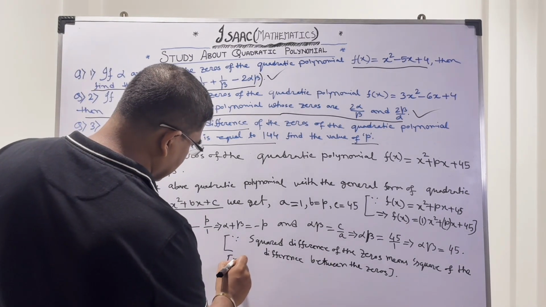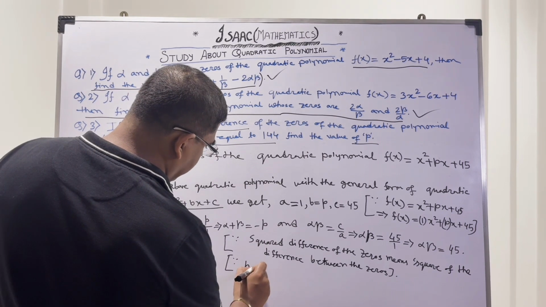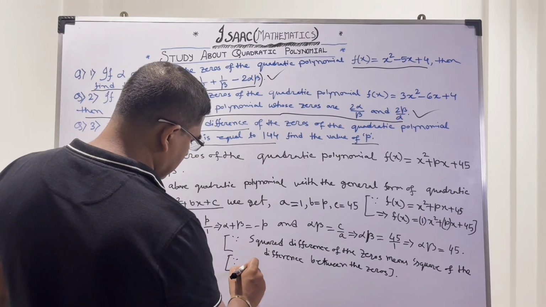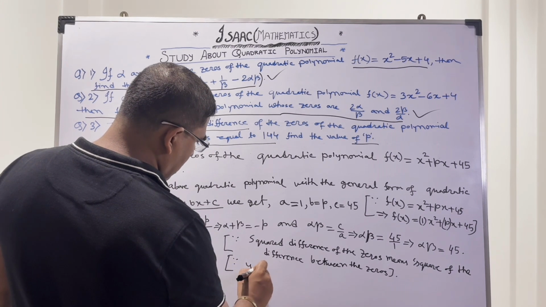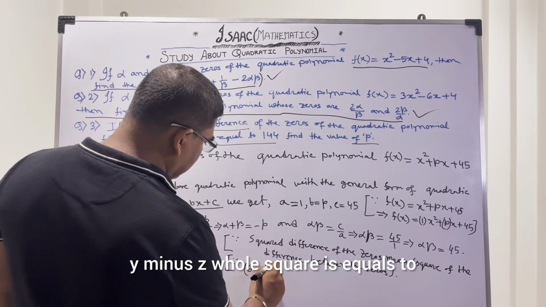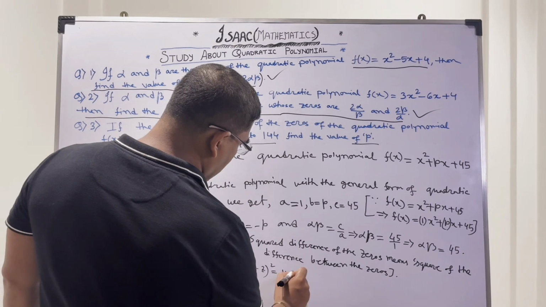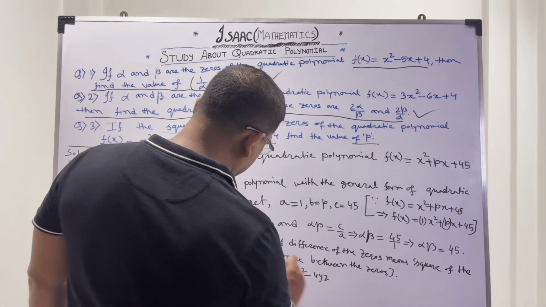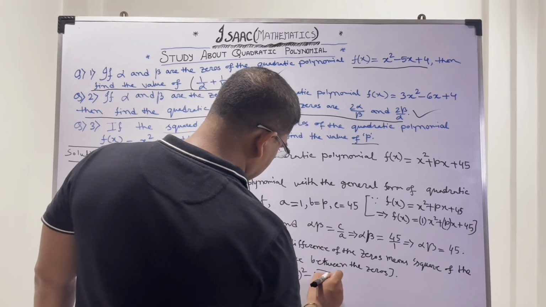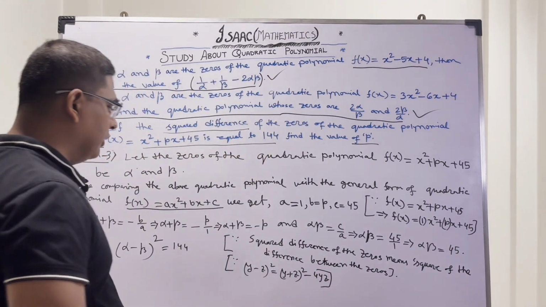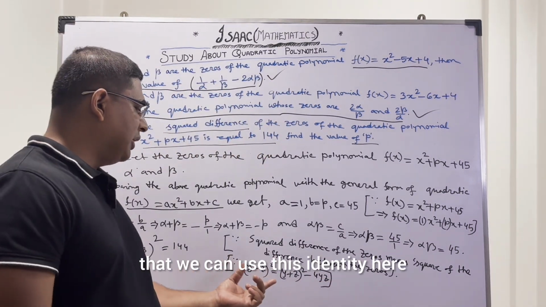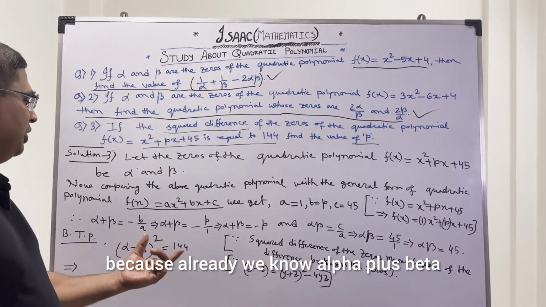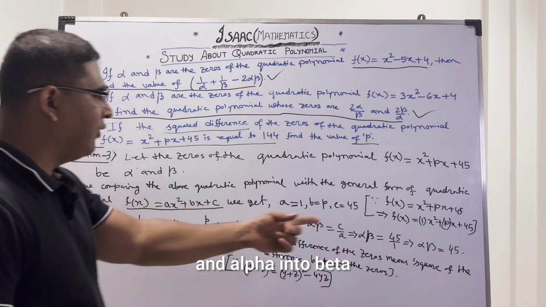Again, we have y minus z whole square equals y plus z whole square minus 4yz. This is an identity. We can use this identity here, because already we know alpha plus beta and alpha into beta.